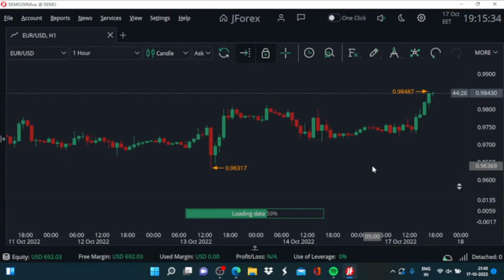Okay. Let's give it a few more seconds for calculation to be completed, and new plotting for the indicator will appear in no time.